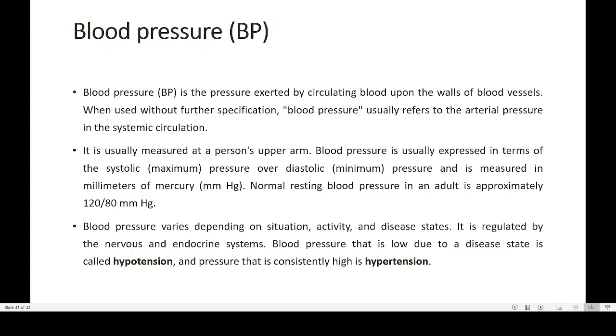Sometimes this pressure may increase, especially with older age. When your body is aging, your blood vessels become less flexible, and that will increase the blood pressure.